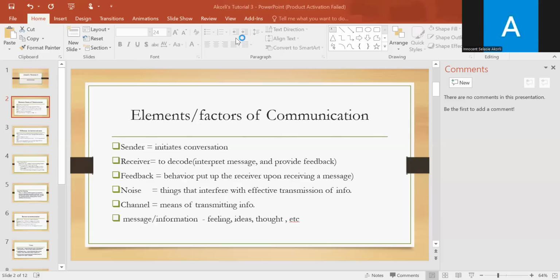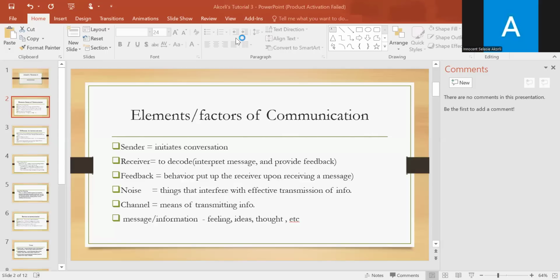Feedback, we said, is a behavior put out by the receiver as a result of the message he or she received. Noise. Noise may not just be physical noise in the background, physical noise around you when you are communicating, but it goes beyond that. Noise can mean interference.